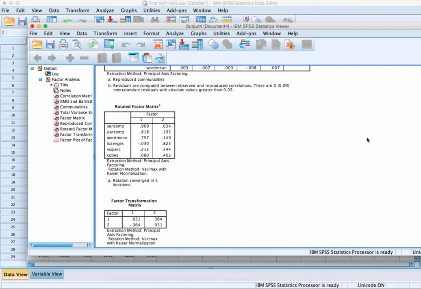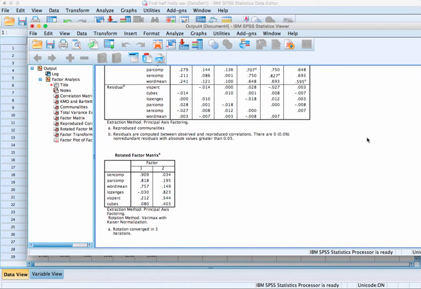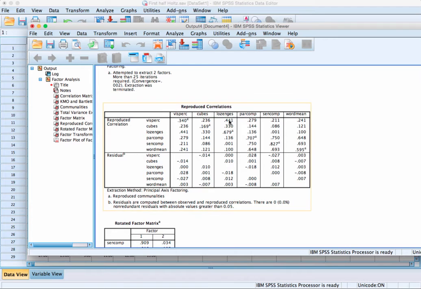The other part that I want to point out is that we have these reproduced correlations. So what happens is that the factor analysis estimates the correlations based on the data matrix. And the residual is the difference between the actual correlations and the estimated correlations.